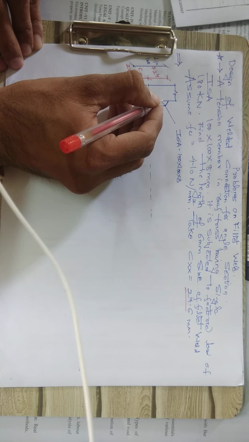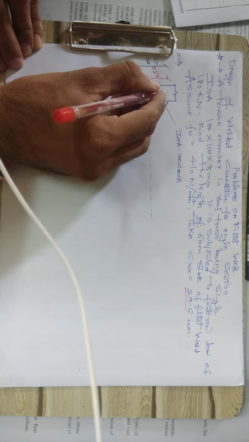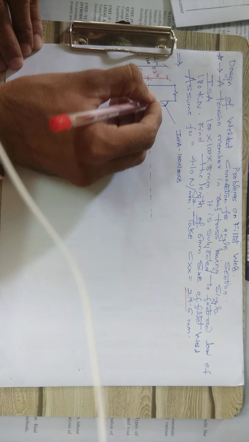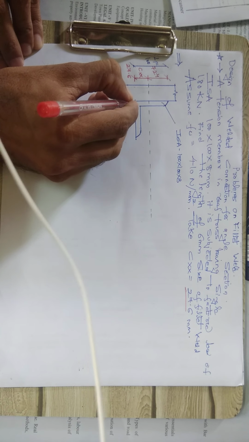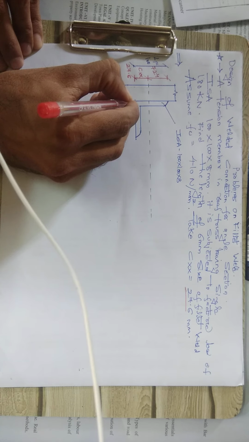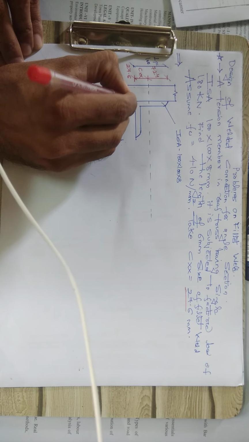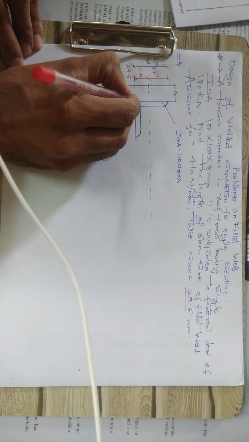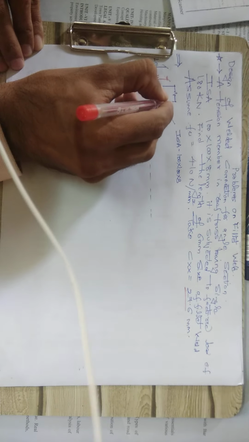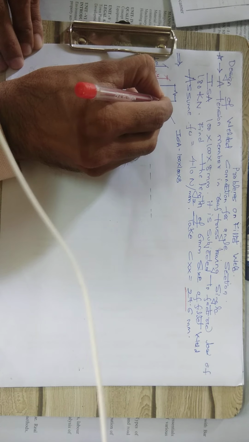That means we have to connect this gusset plate with the angle section at this L1 face, so we will have welding at this portion and this portion.